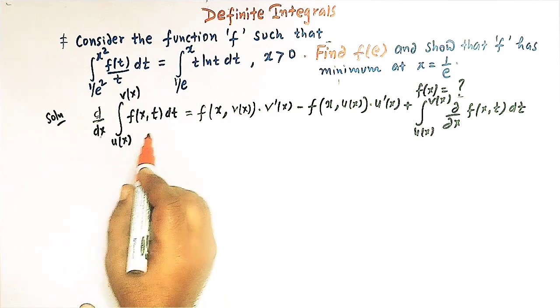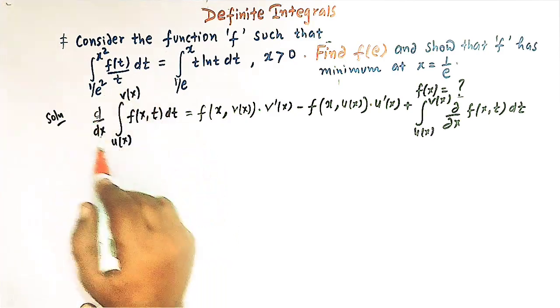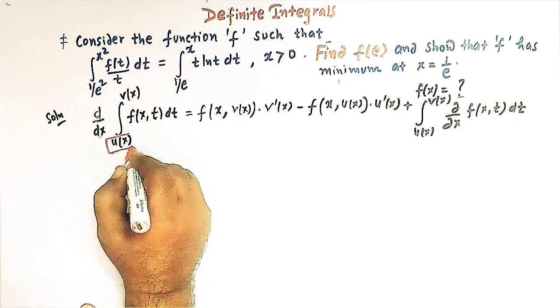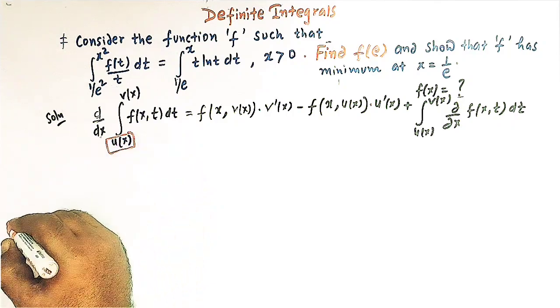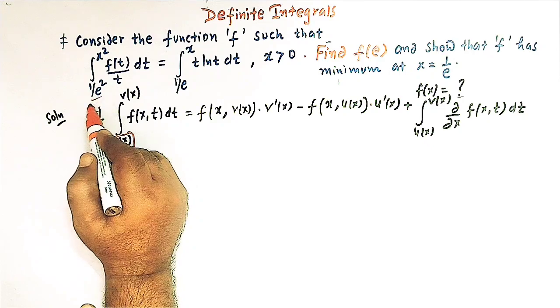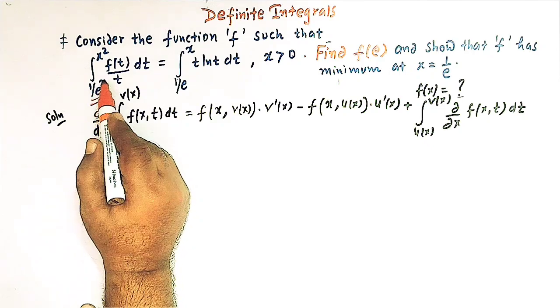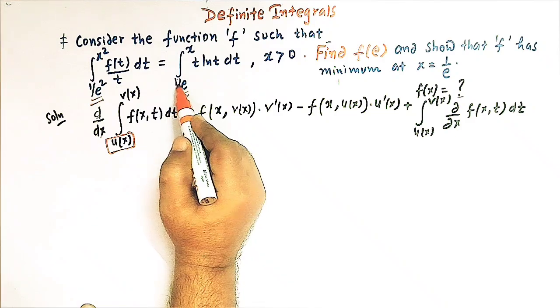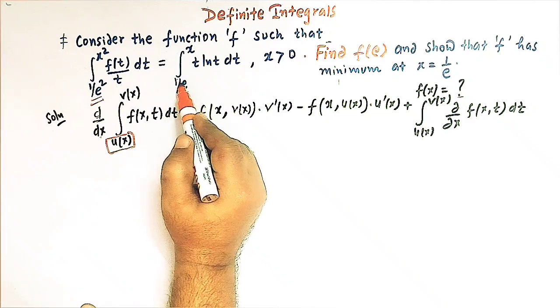So now let us consider a special case of Leibniz integral rule when the lower limit is a constant, right? Now see, here we have two integrals, and here the lower limit is 1 over e square, which is a constant, and here also we have the lower limit 1 over e, and this is also a constant.